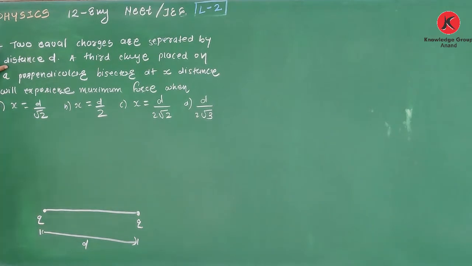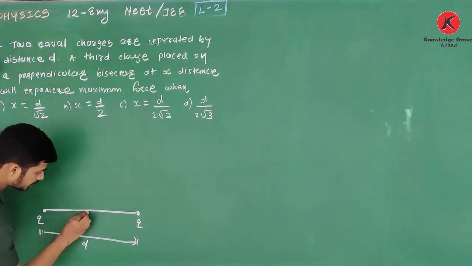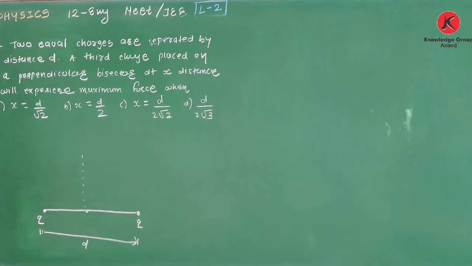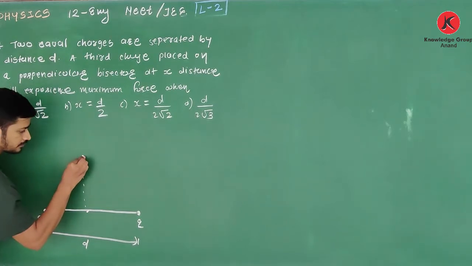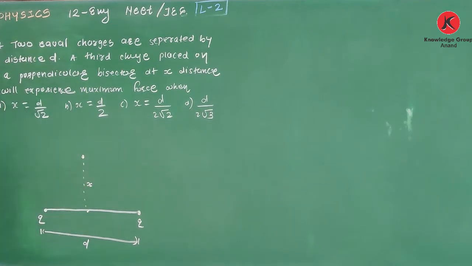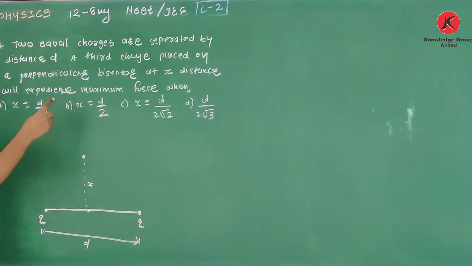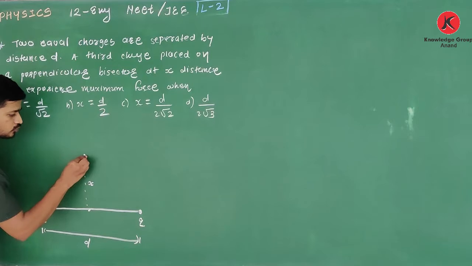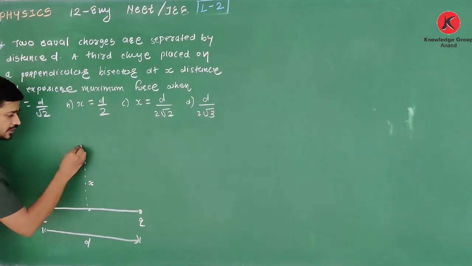A third charge is placed on the perpendicular bisector at distance x and will experience a maximum force. Here also you have to place the same charge, that is q.